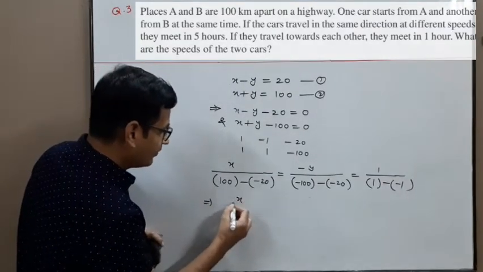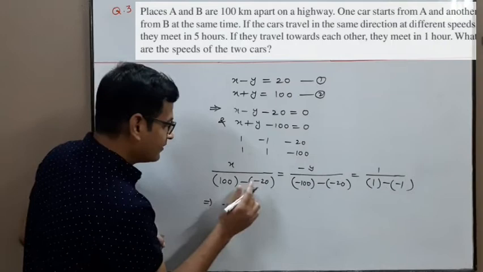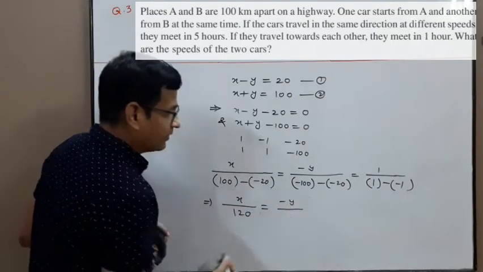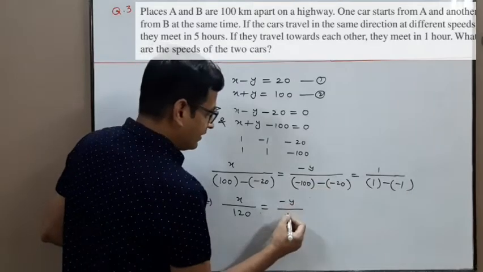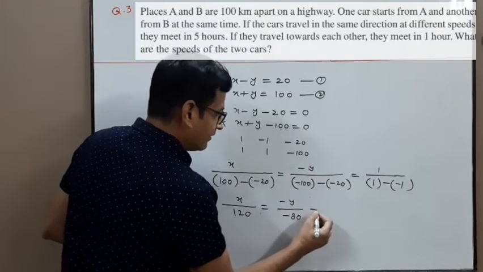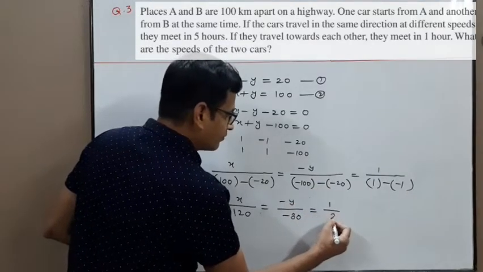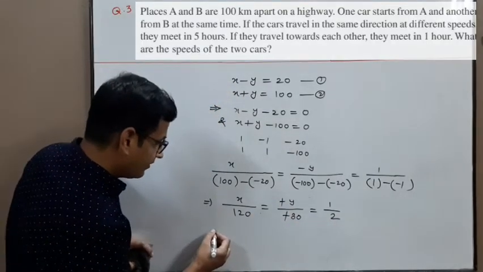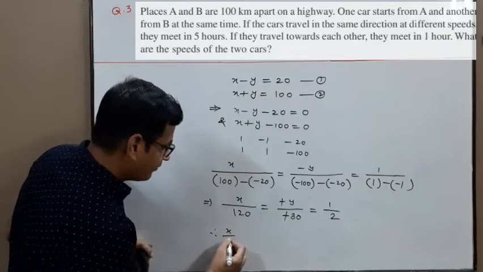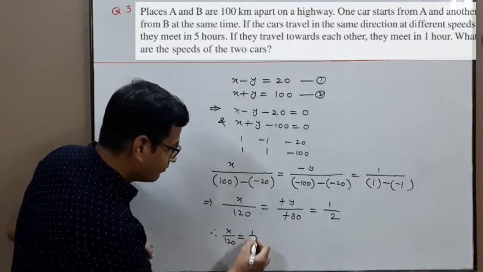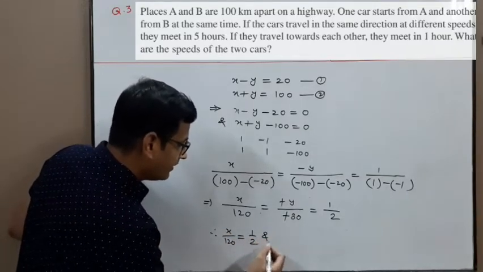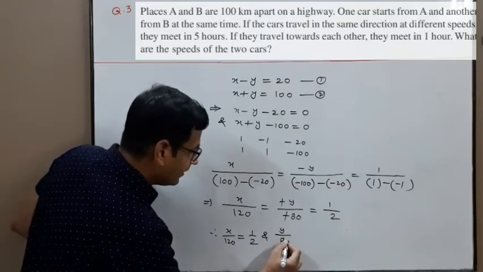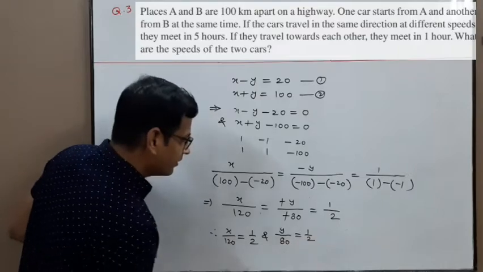So x upon 100 plus 20, 120, minus y upon minus 100 plus 20, so minus 80, is equal to 1 upon 2. Minus minus cancel. Therefore x upon 120 is equal to 1 upon 2 and y upon 80 is equal to 1 upon 2.